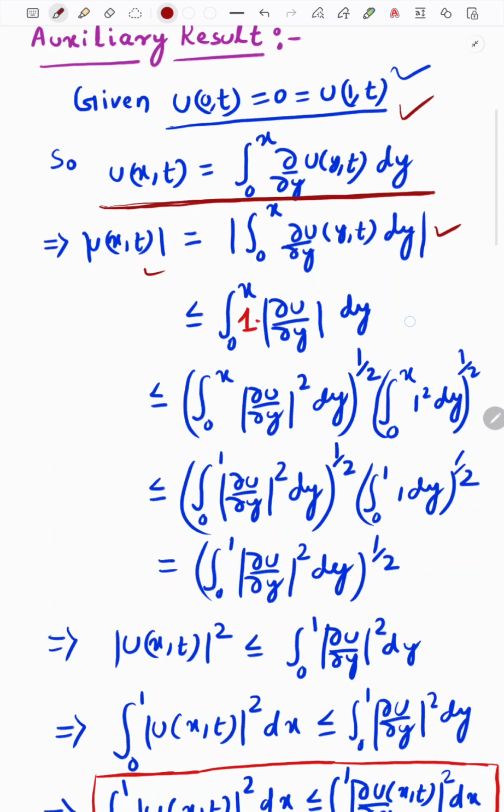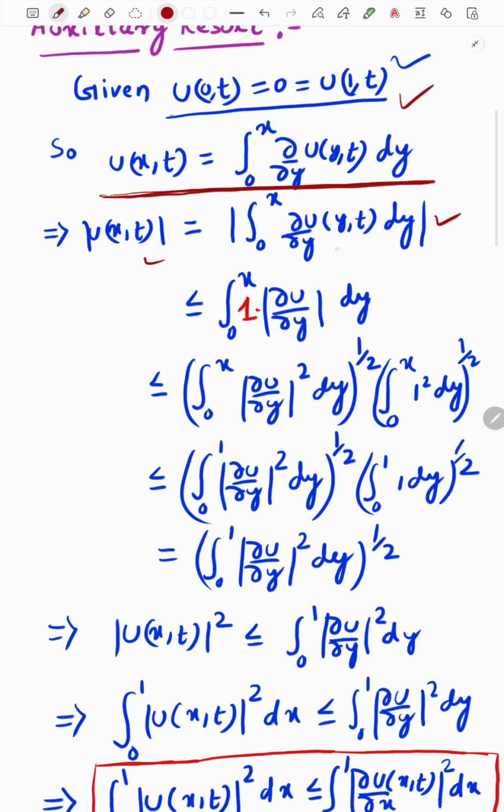Then when the modulus comes inside the integral, there is an inequality sign coming. This is because the modulus of the integral of f is less than or equal to the integral of the modulus of f. This property is used here.